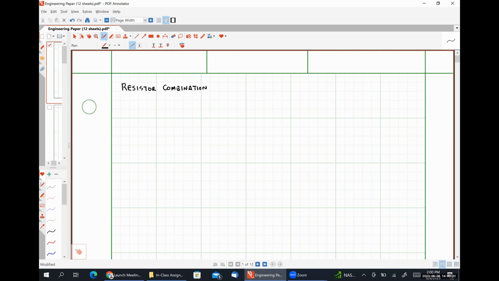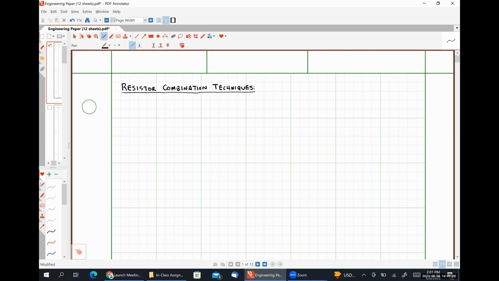But we're going to go into a little bit more detail about why resistors combine the way they do, which just means we're going to talk about how Kirchhoff's laws are applied. Then I am going to spend some time working a couple of example problems that show you how I personally choose to simplify complicated resistor networks.